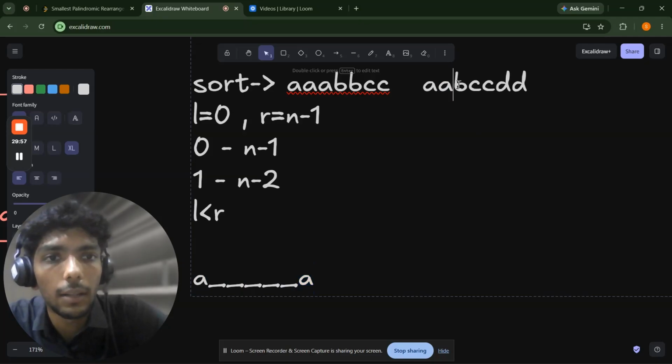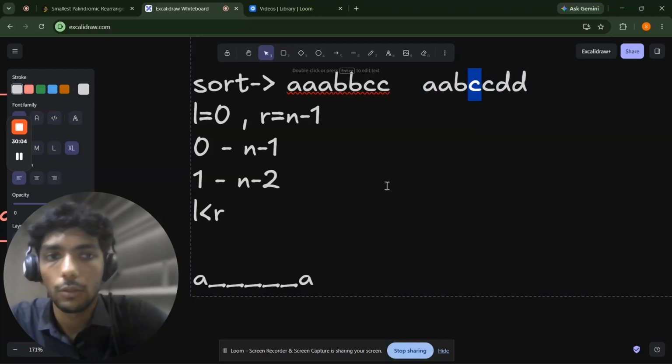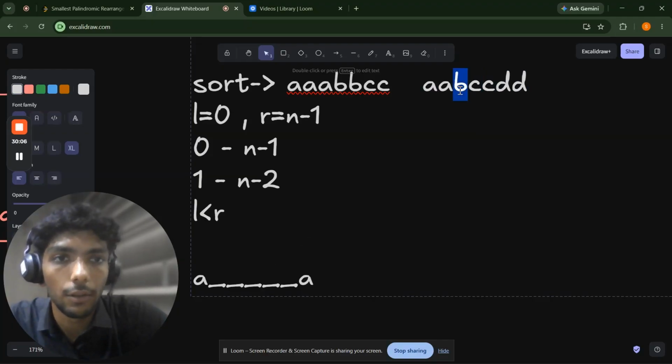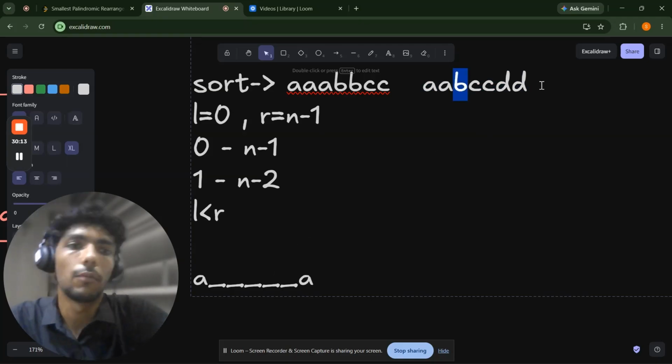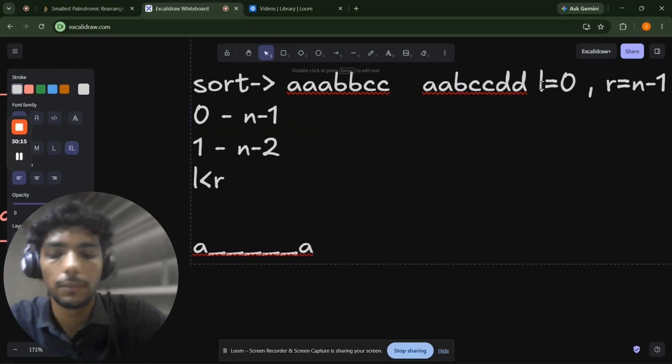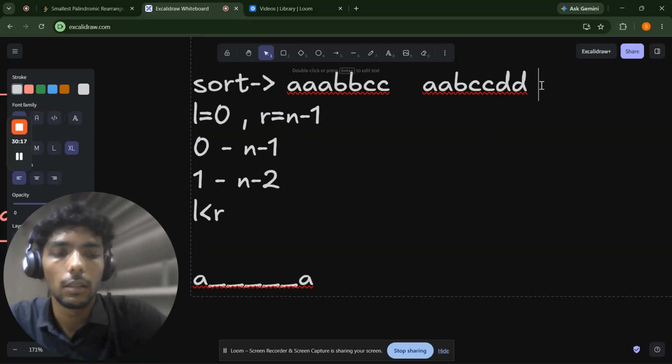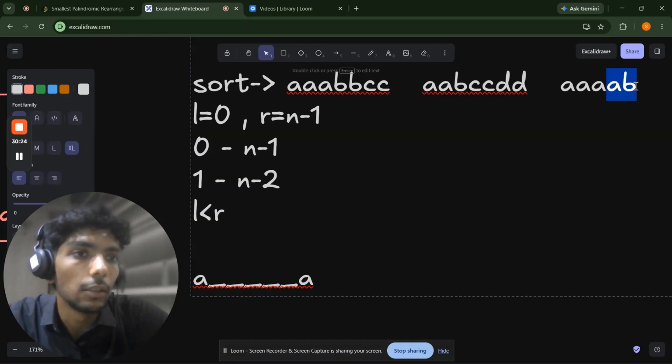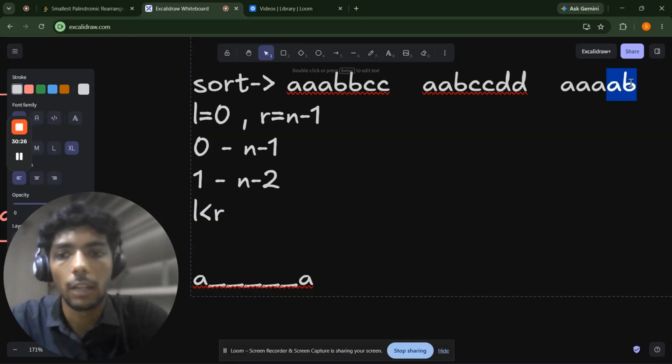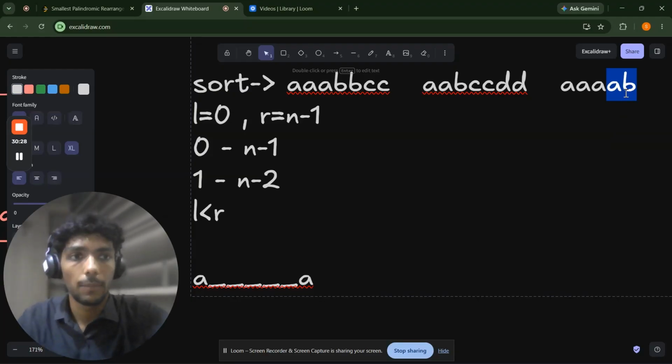And when we tried to pair this B with this C, we found that both are different. So we found out that the one on the left, the current index which is not equal to the next one, is the odd element. You might be considering, what if there was A, B? It could also be possible that the right one will be the odd character.